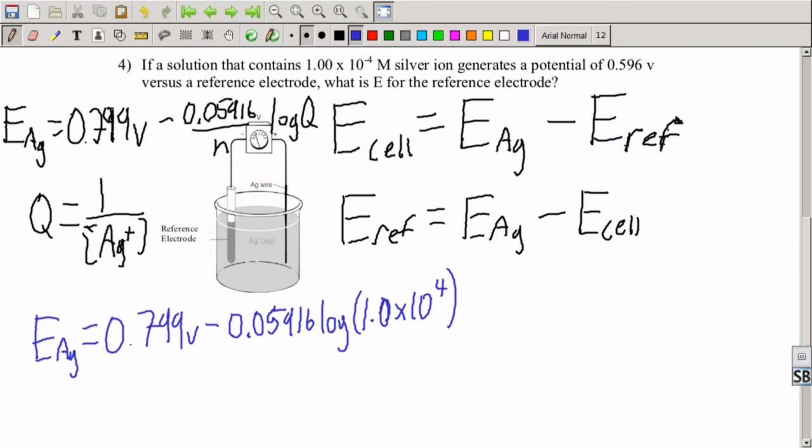And so, what is my half potential for silver? Yeah, it's 1 over 10 to the negative 4th, so it becomes 1 times 10 to the positive 4th.